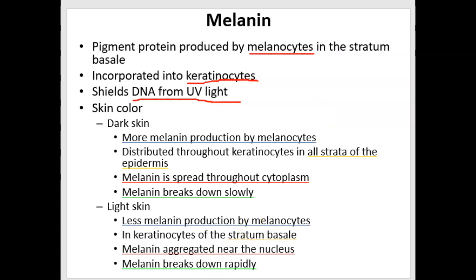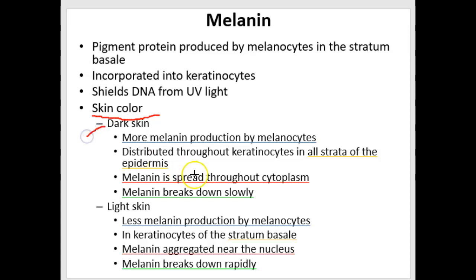The other thing that melanin does is, since it's a pigment protein, it has a color, so it contributes to skin color. There are different forms of melanin, different pigments, degrees of darkness. And so there is a difference in skin color, which we know.